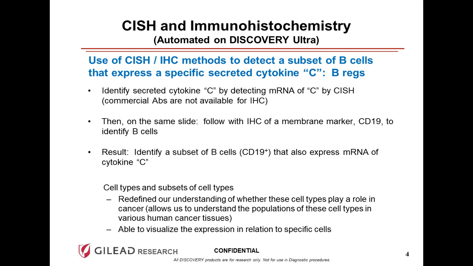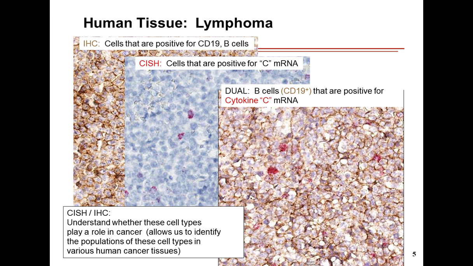We understood the population of these cell types in various human cancer tissues, and we were able to visualize the expression in spatial relation to specific cells within the tissue landscape.